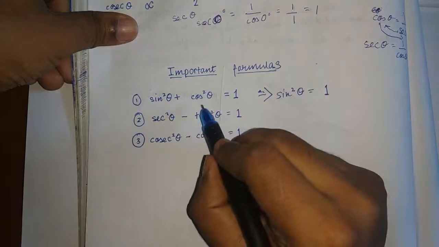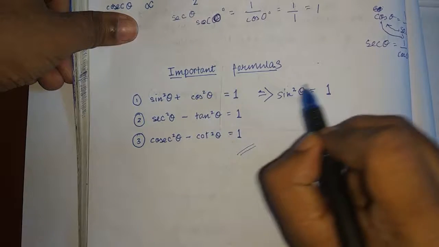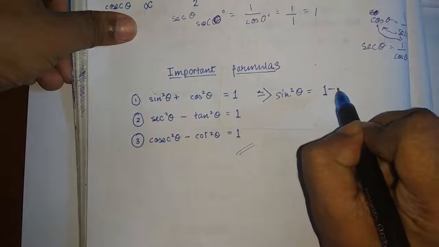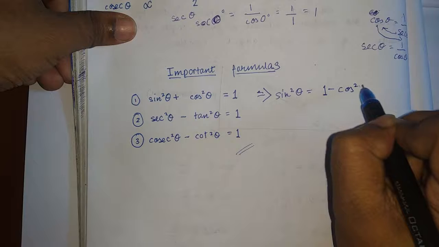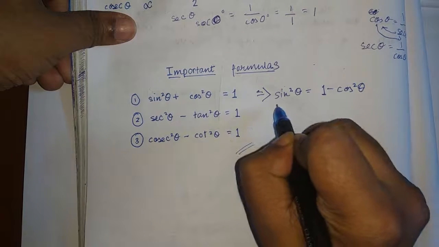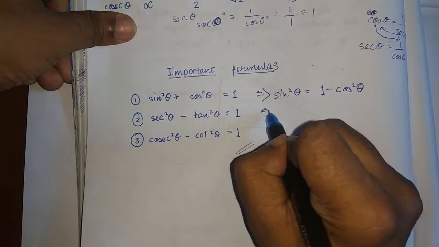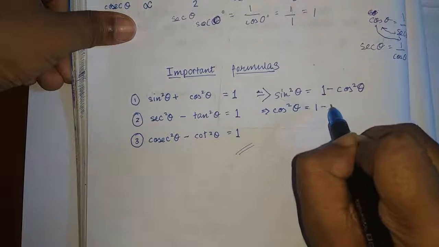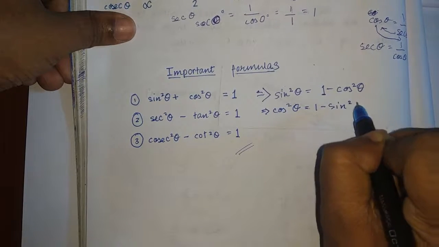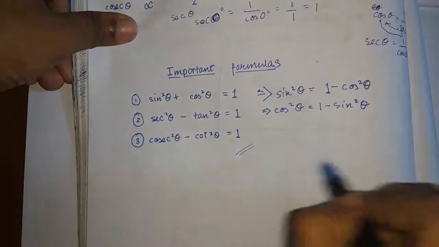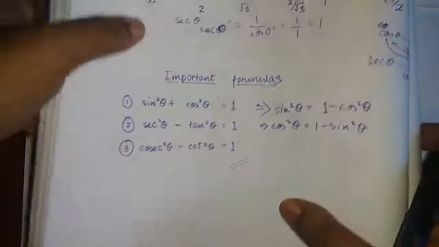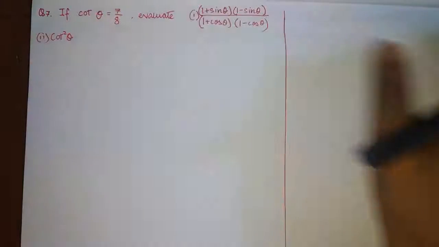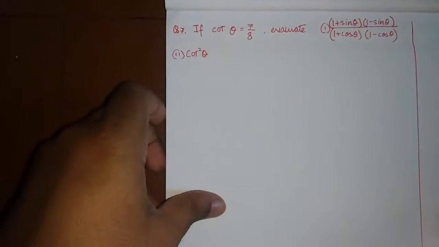If you transfer the cos square theta to the right hand side, it will become minus cos square theta. Similarly, you can find the value of cos square theta, which is equal to 1 minus sin square theta. You have to remember these formulas. It's very, very important. Okay. So let's move on to the next question.